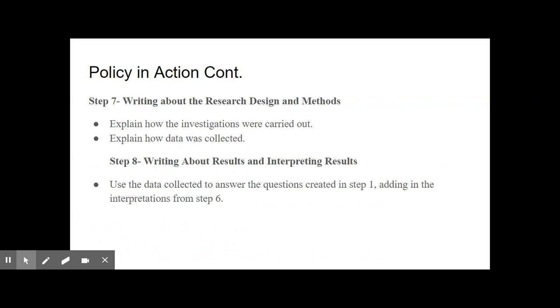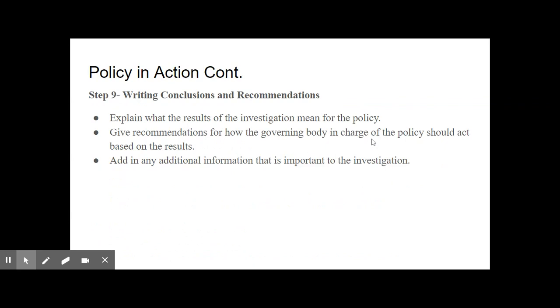You're going to use the data collected to answer the questions created in step 1, and add in the interpretations from step 6. Basically, you're going to take each question, and you're going to answer it using the argument of this is what we found, and that's how it answers this question. So the final step, step 9, you're going to write the conclusion and the recommendations.